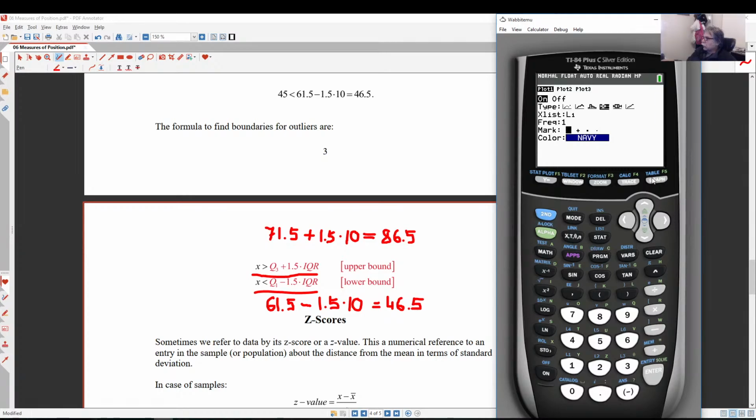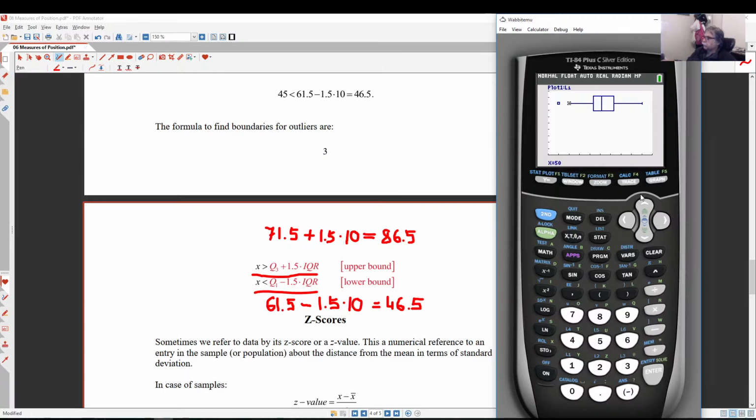And then graph again. And this time you can see the box plot. The outlier is noted separately. So this is 45. You can trace them and see that. 45 is the minimum, still the minimum. The tail now starts at the next item in the sample, which is in this case 50.